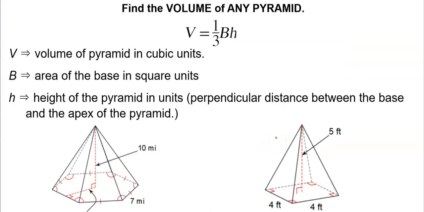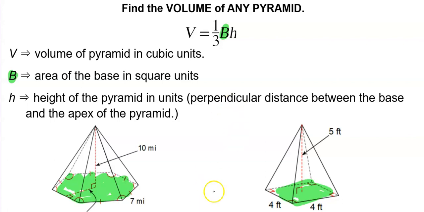Now, pyramids are different, because pyramids don't go straight up and down. Remember, they come up to our apex. They come up to a point. So again, we are going to find big B, the area of the base. Depending on the shape, you're going to use that formula to find the area of the base.